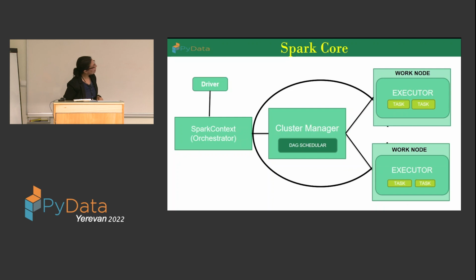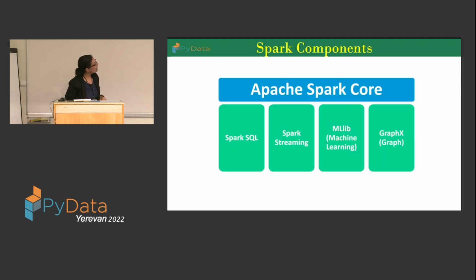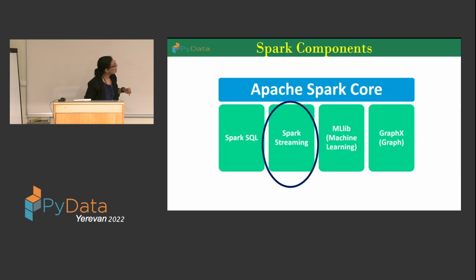That is the core of Spark, and on this core there are some important libraries like Spark SQL, Spark Streaming, ML, and GraphX. Spark Streaming is what we use as a tool in our pipeline.